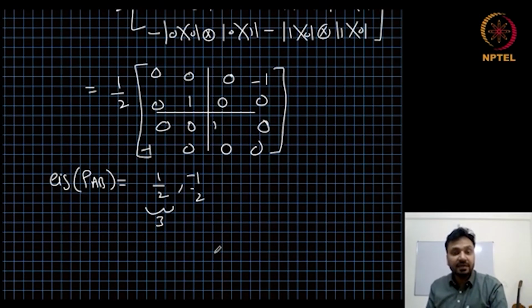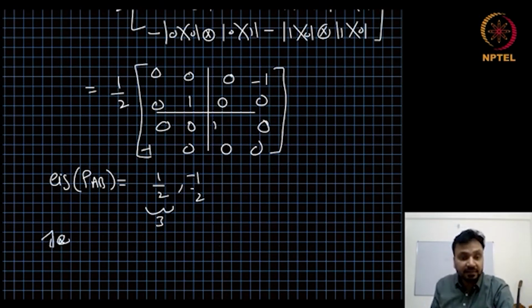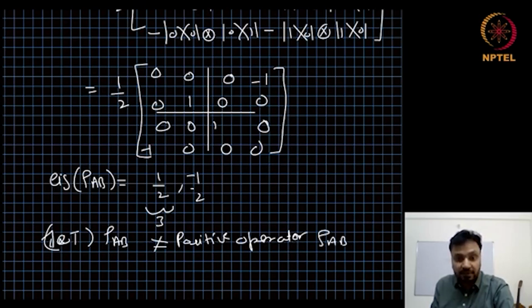So in that way, identity tensor transpose acting on a subsystem of a larger system need not be a positive operator, even if rho AB is positive.